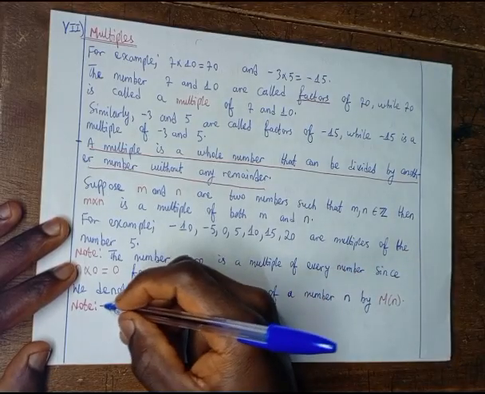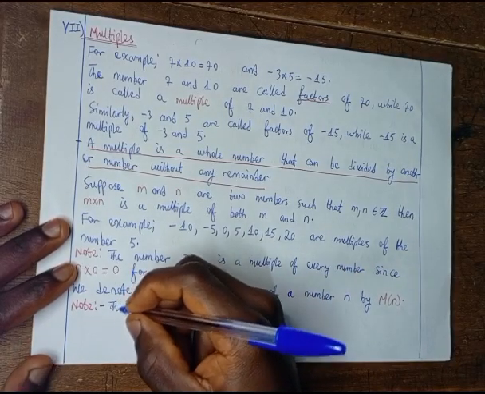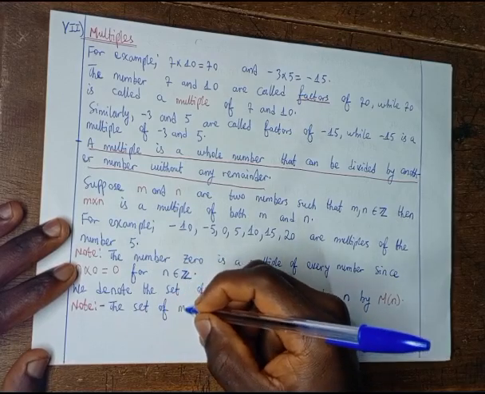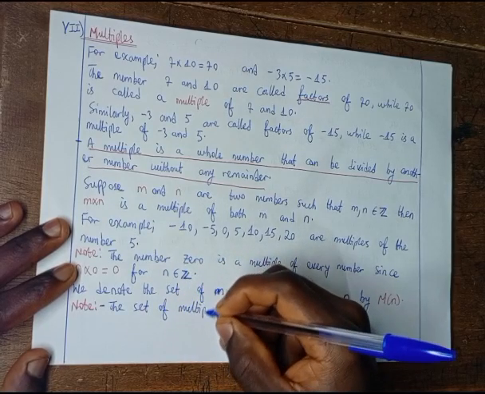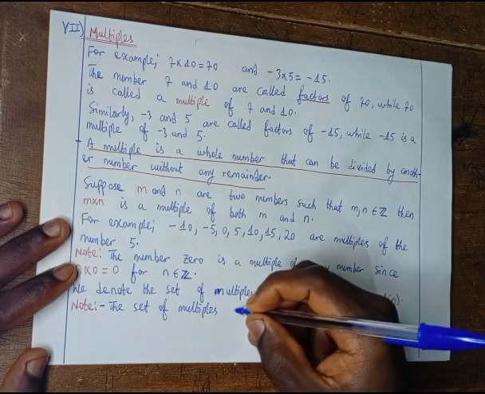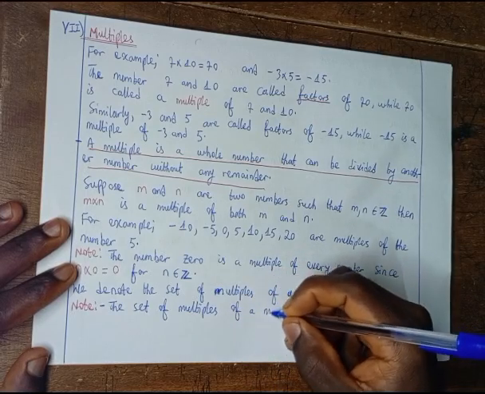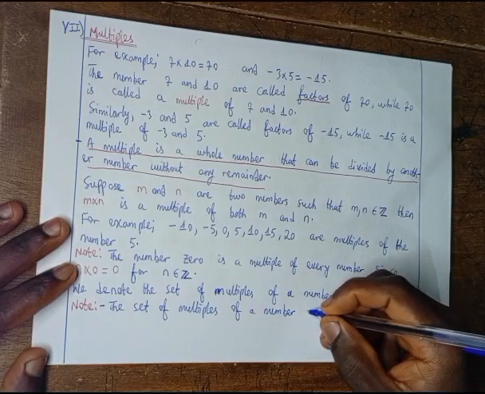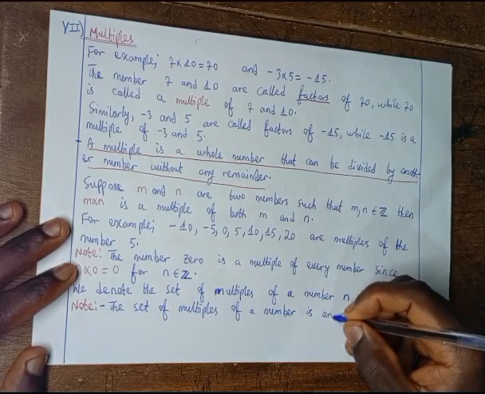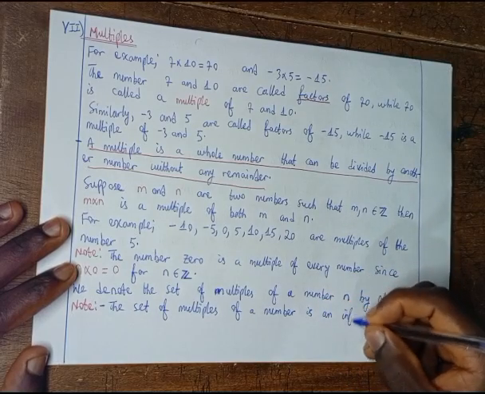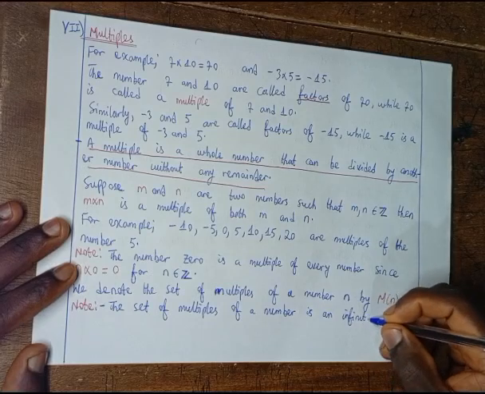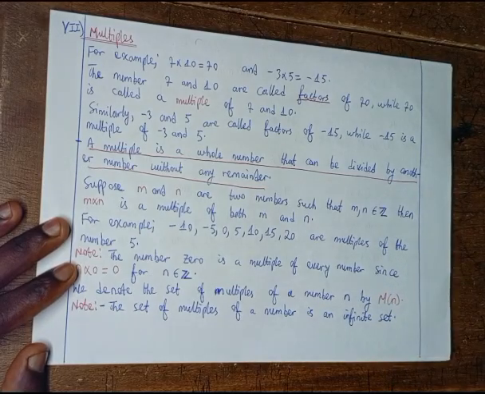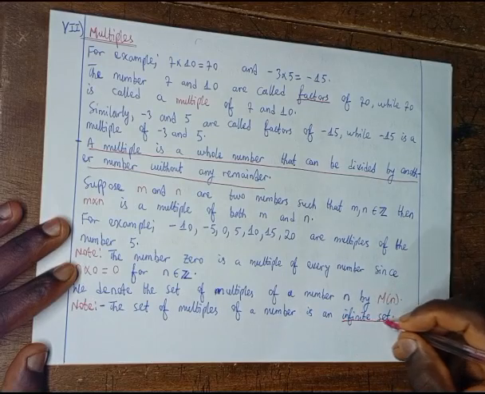We're going to note certain points here. First point under this, the set of multiples of a number is an infinite set. When we talk of an infinite set, that means it's an endless set.